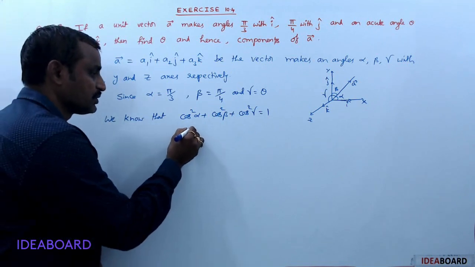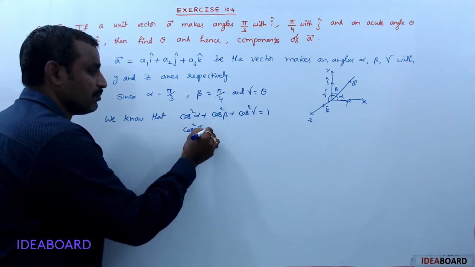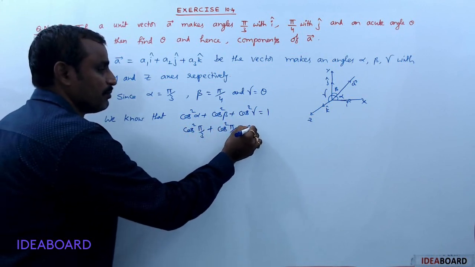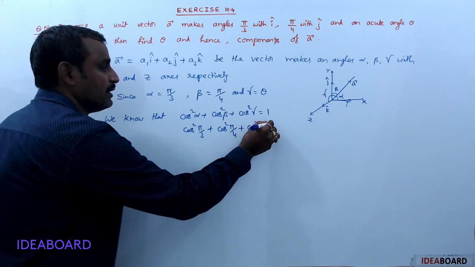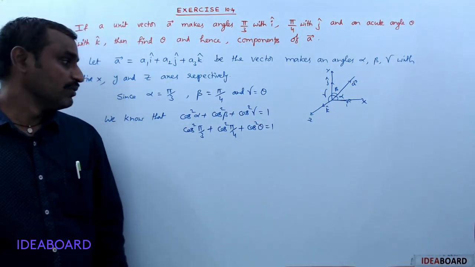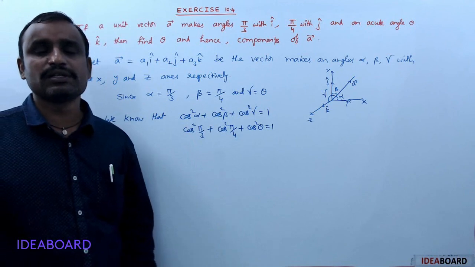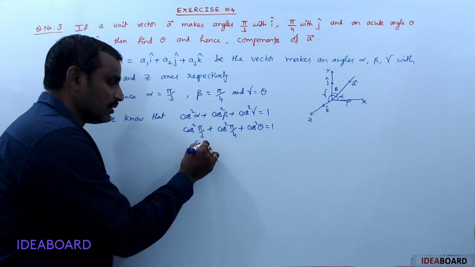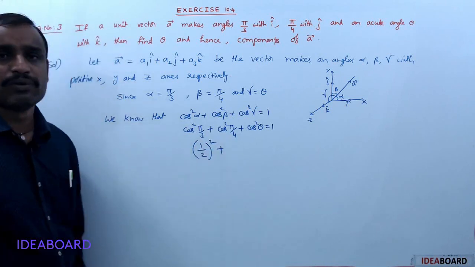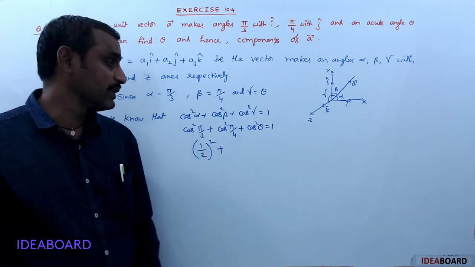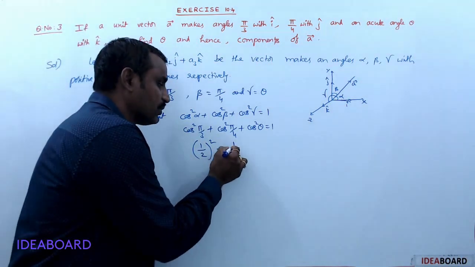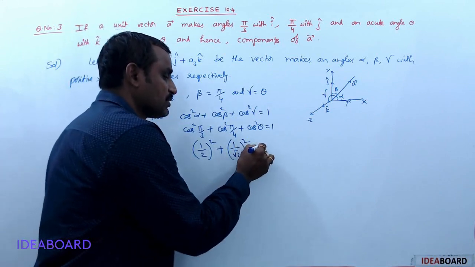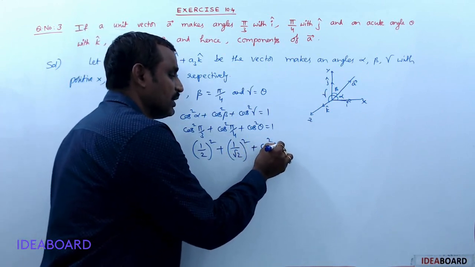Apply cos square pi by 3 plus cos square pi by 4 plus cos square theta is equal to 1. Pi by 3 means 60 degrees, cos 60 degrees value is 1 by 2, so 1 by 2 whole square, plus cos pi by 4, 45 degrees, cos 45 degrees value is 1 by root 2, 1 by root 2 whole square, plus cos square theta is equal to 1.